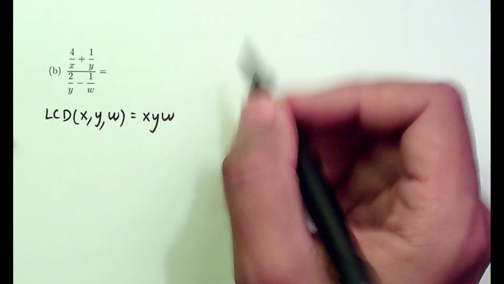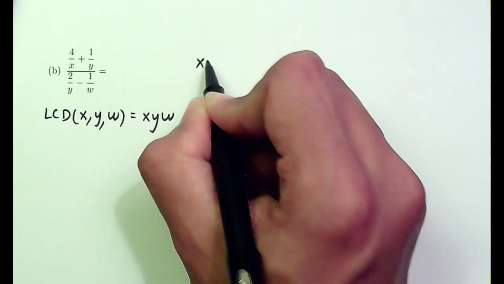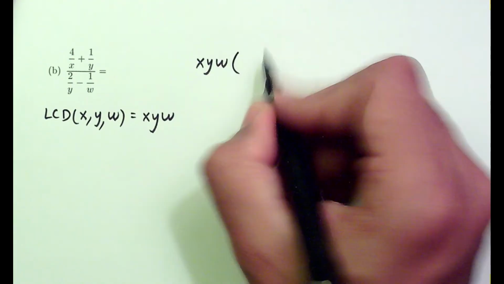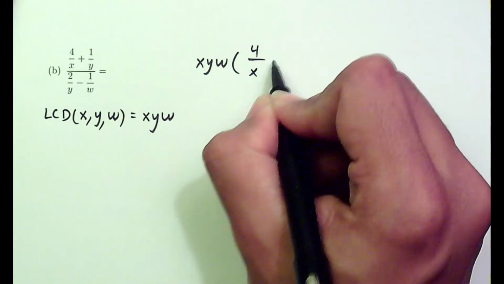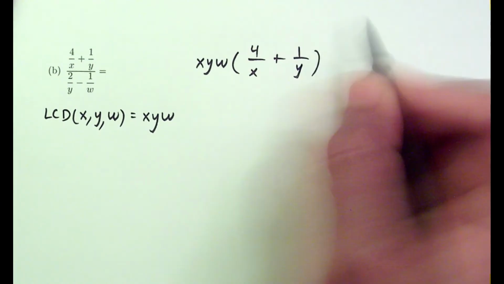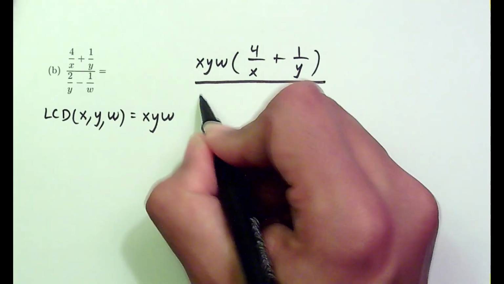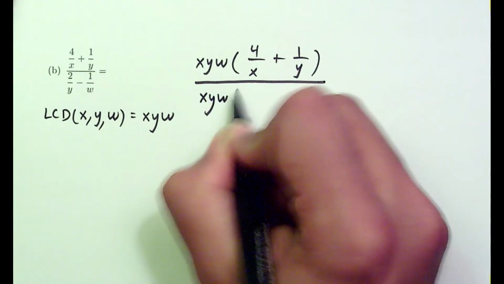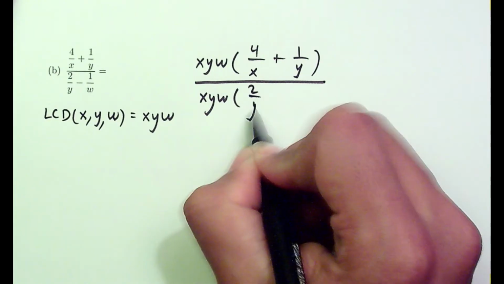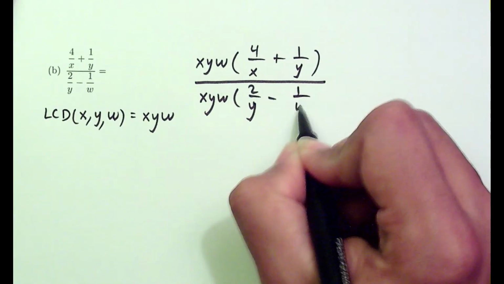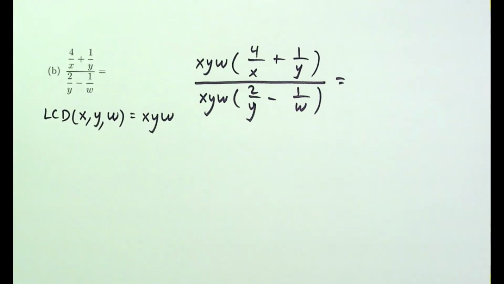So then that means we're going to multiply everything on the top by x, y, w, and everything on the bottom by x, y, w as well. So x, y, w, 2 minus y minus 1 over w. Okay? And now we're going to distribute.